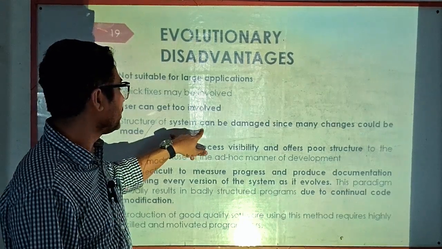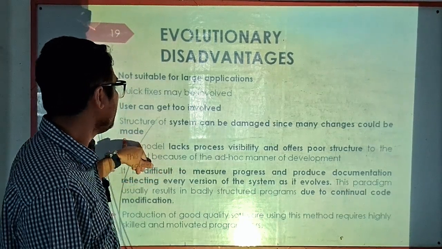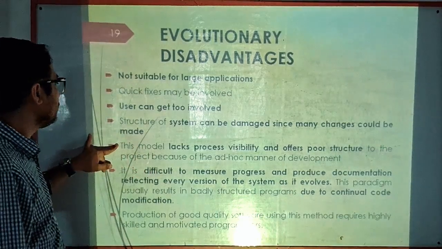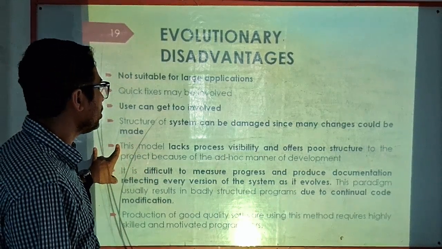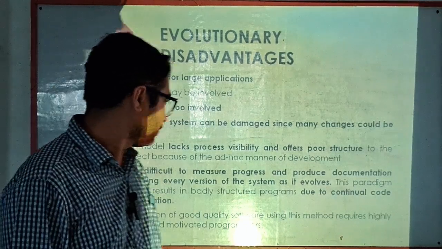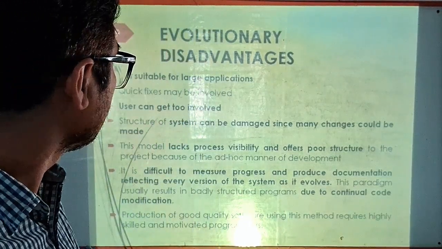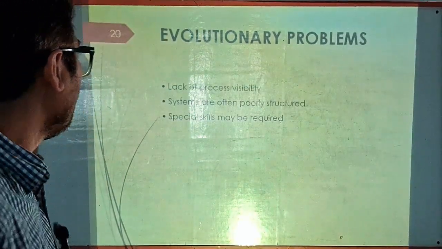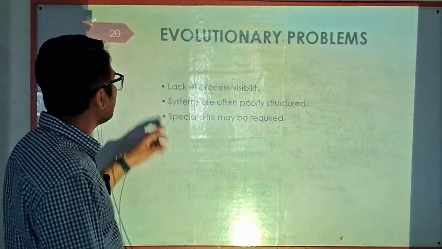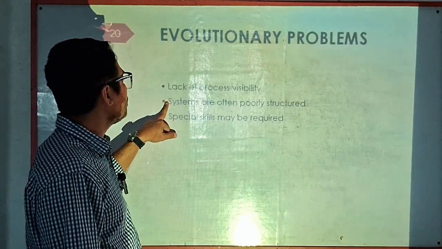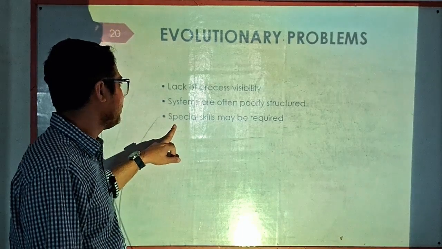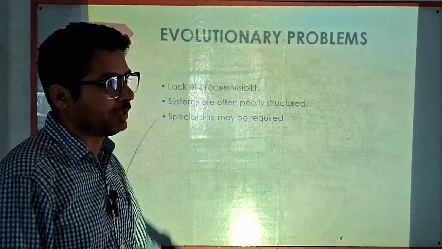The structure of the system can be damaged since many changes could be made, and this model lacks process visibility. The systems are often poorly structured, and specific skills may be required.